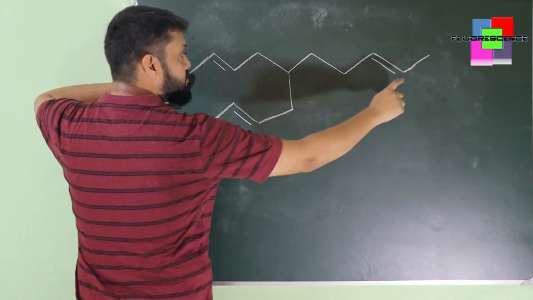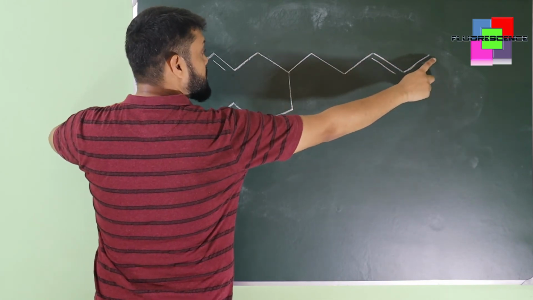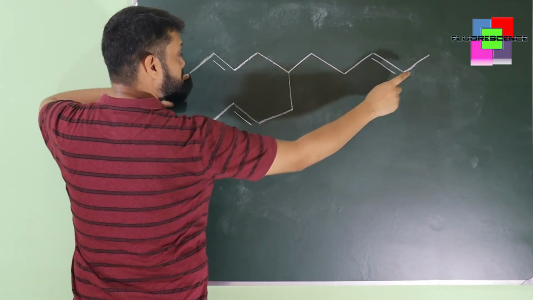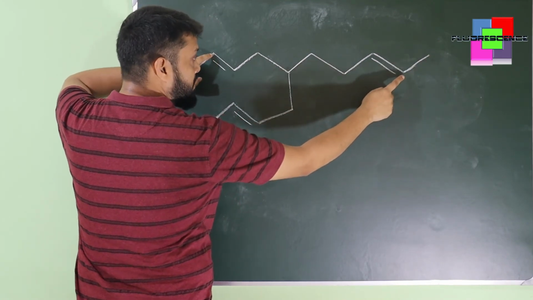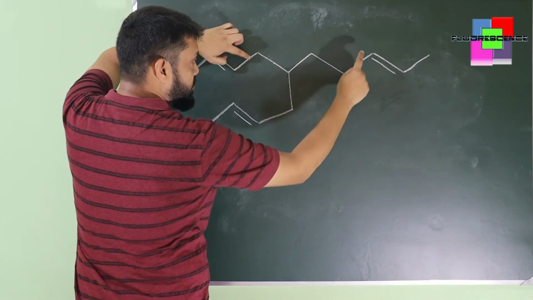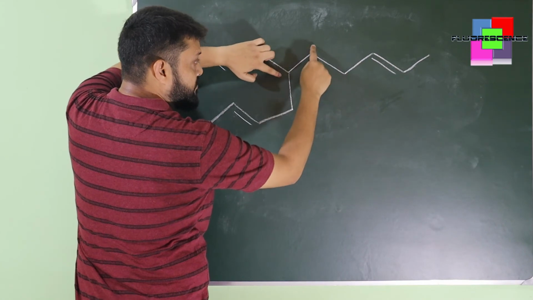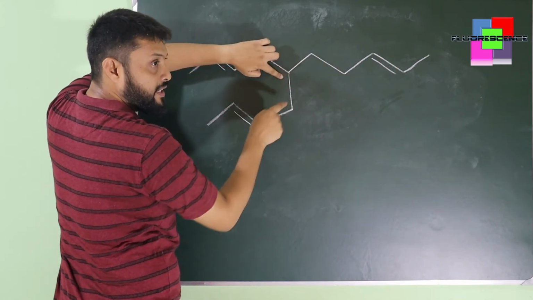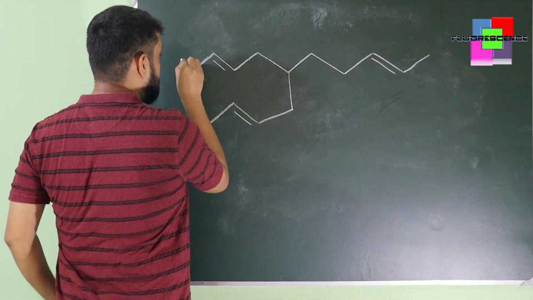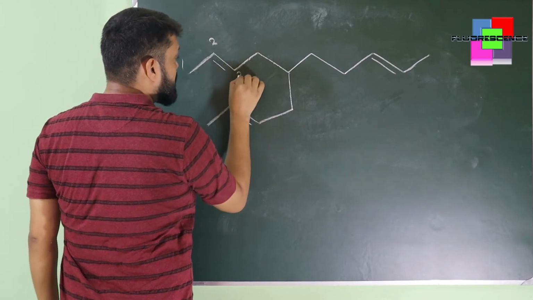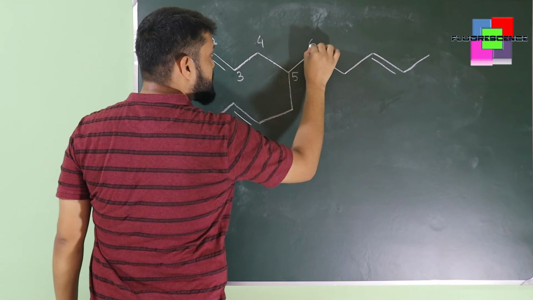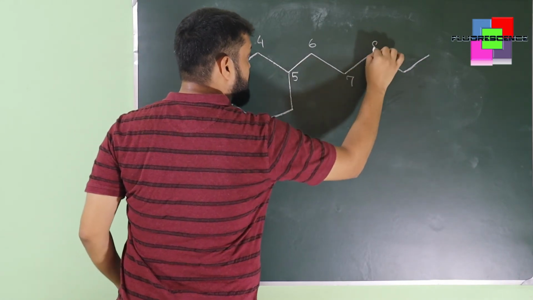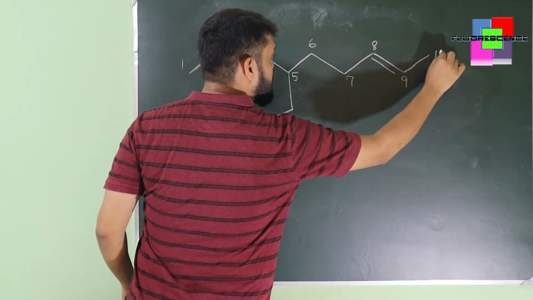Now if we start from this chain, see, there is no difference in the first point from either side, second point no difference, third point no difference, fourth point no difference, but on fifth point we have a branching on the left side. So we'll start from the left side. 1, 2, 3, 4, 5, 6, 7, 8, 9, 10.